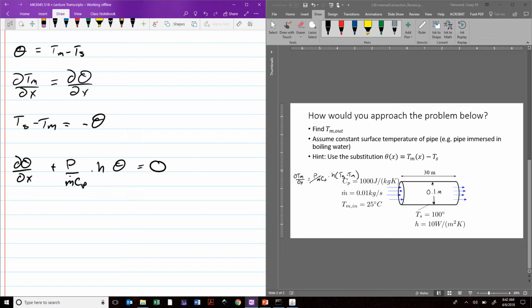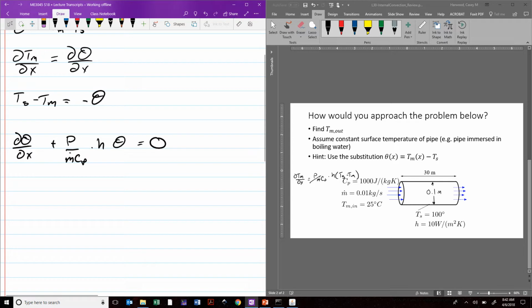Any volunteers? Bingo. Heard exponential function, right? Because we've got a derivative plus that function itself multiplied by some constant has to equal 0. And the only type of function that satisfies that behavior is some exponentiated quantity.